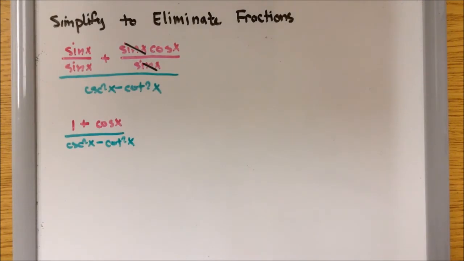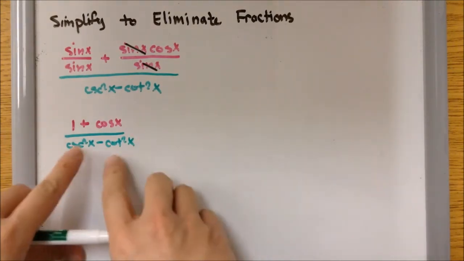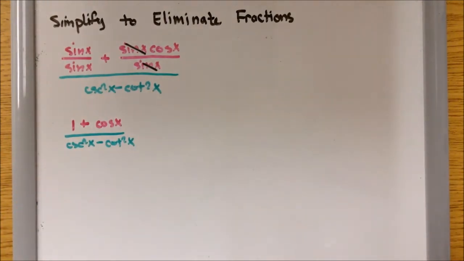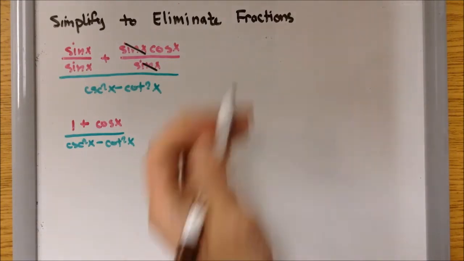Now here, I'm going to take a closer look at it because they're both square. Now if I go back to my identities, which I could probably use that's very close to cosecant square x minus cotangent square x is the Pythagorean identity. So let's write the Pythagorean identity here.